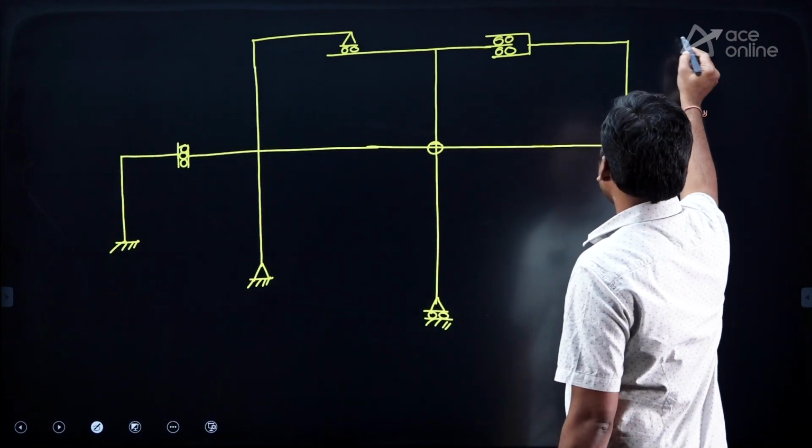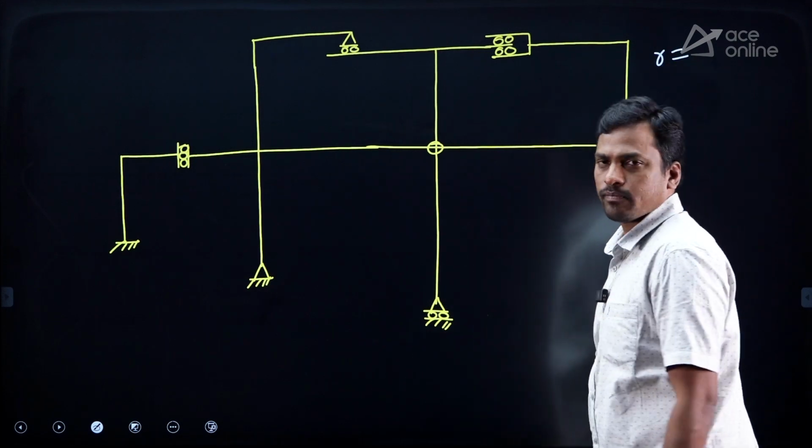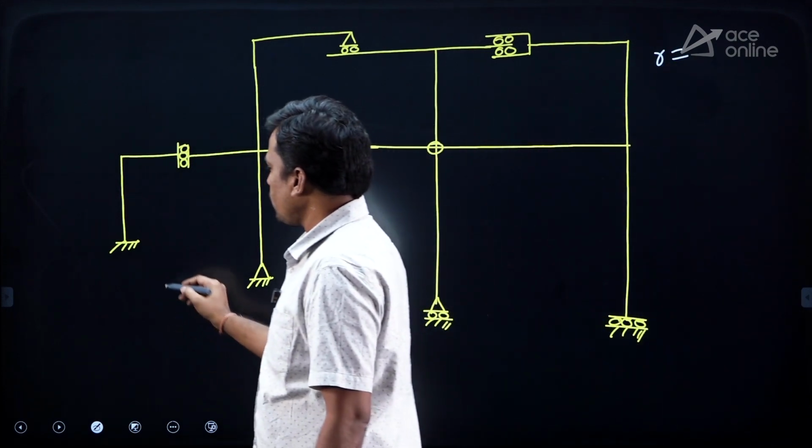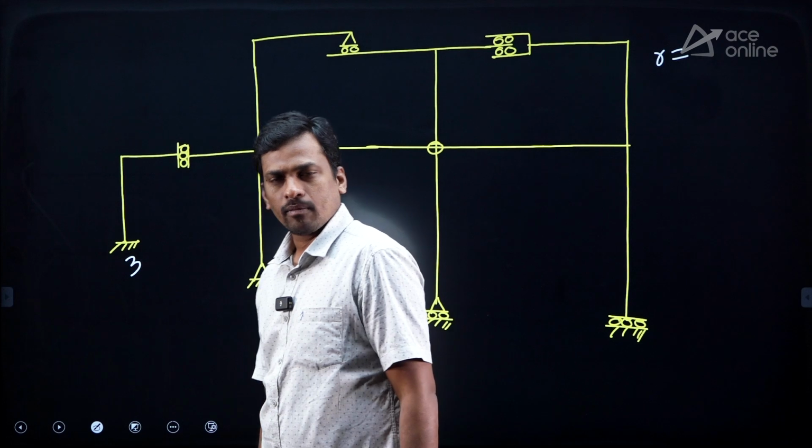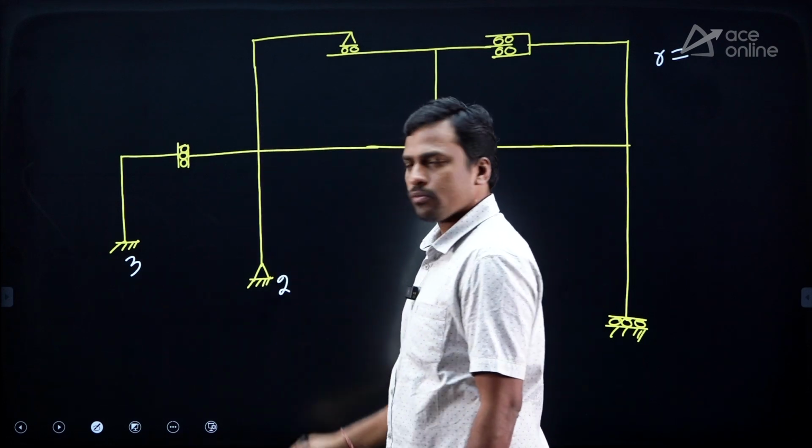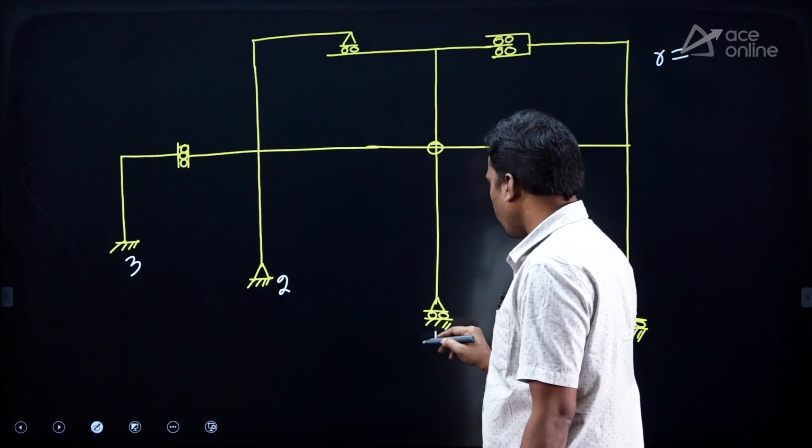So first we will find the number of reactions. How many reactions? Fixed support always 3, hinged support 2, roller support 1.